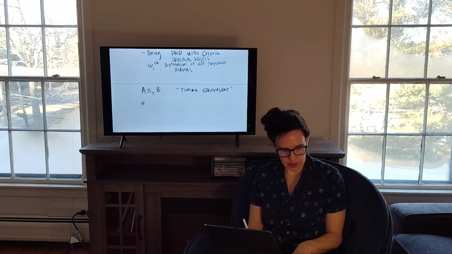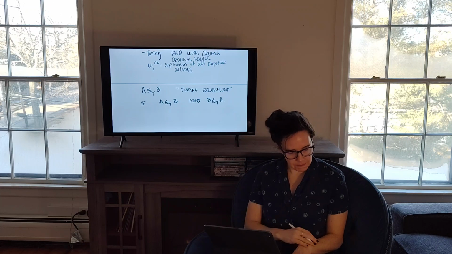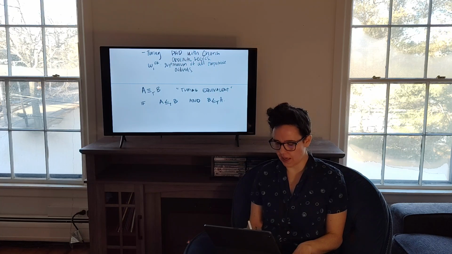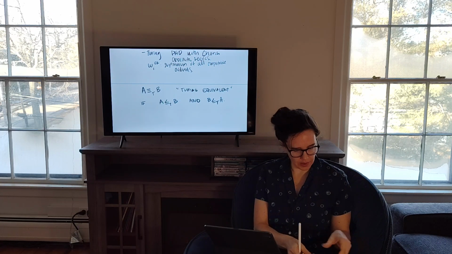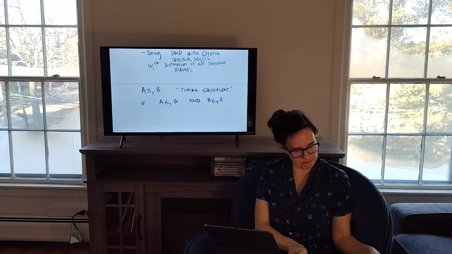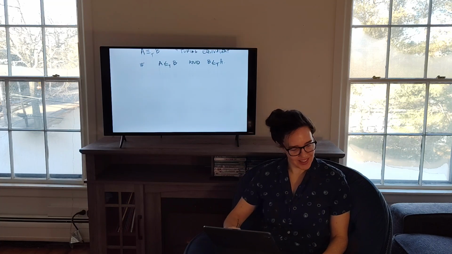If A is Turing reducible, you can compute A using B as an oracle. Let's see if I missed something here. I did miss something, just a sec. I missed a page in this.